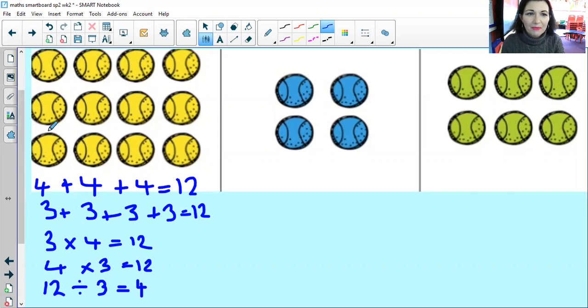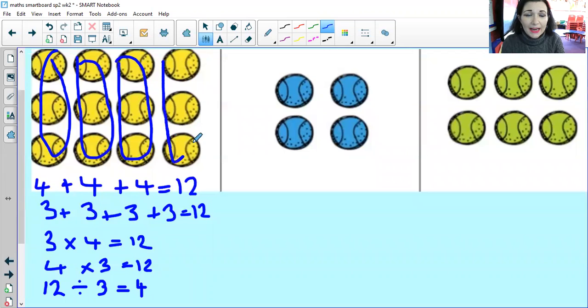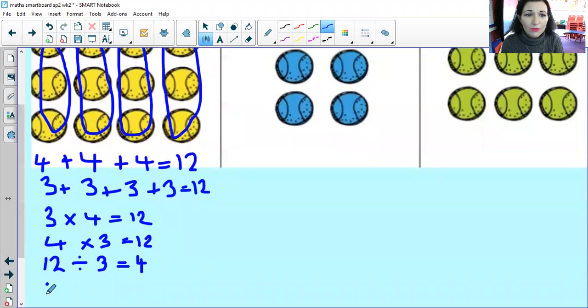Let's prove that now. Okay, so I've got my 12 tennis balls there. How many groups of 3 are there? 1, 2, 3, and 4.